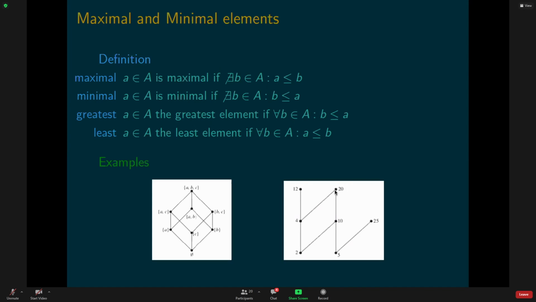So what you say is that 20 is not larger than 12, right? So there is a B, 12, for which 20 is not greater than 12. I agree. So because there is no connection, this is what you mean, right? Yes. Good.